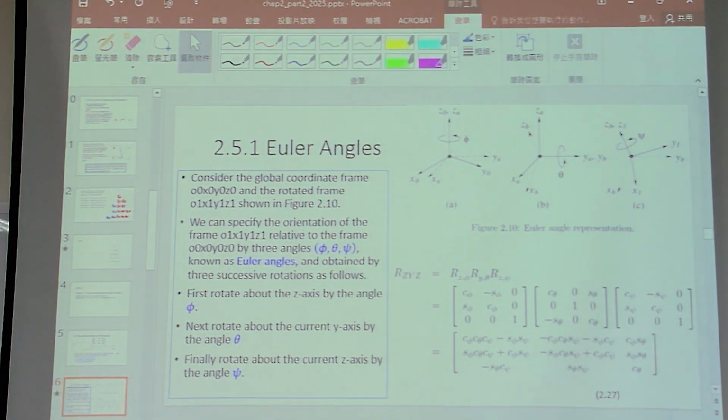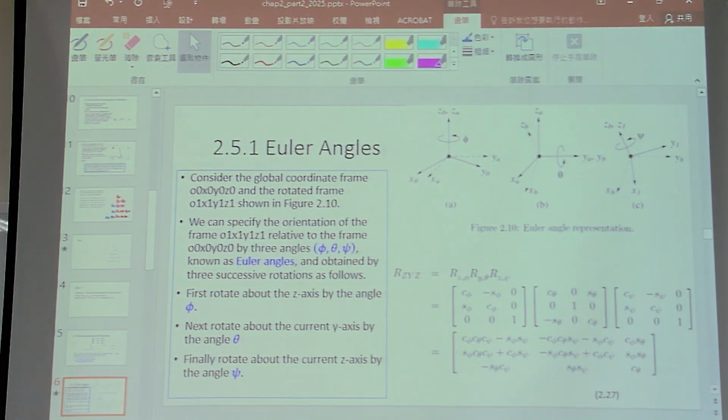So if your system is what they call the Euler system, then they will ask for the angle for each axis you rotate.